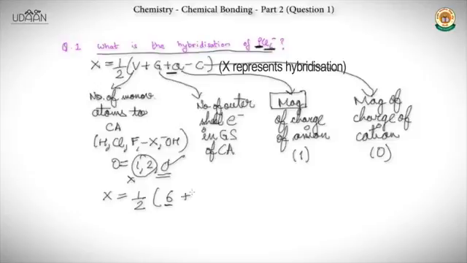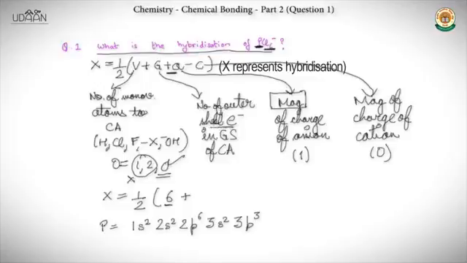For G, we have to go to the electronic configuration of P, which is 1s2, 2s2, 2p6, 3s2, 3p3. As we have said, we have to find the number of outer shell electrons.